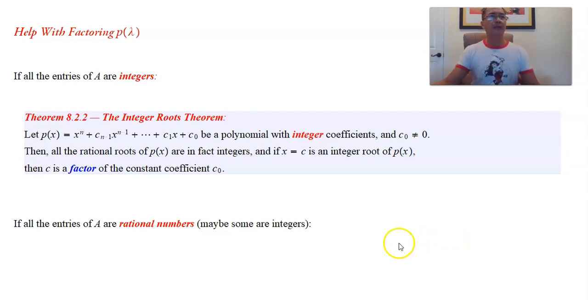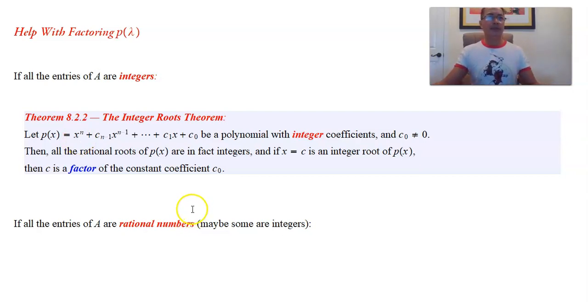So here is something you can use if all the entries of A are integers. When you get the characteristic polynomial, every entry is an integer, so when you expand it out, as we're going to see in our example, every coefficient will be an integer. And again, the highest term in that polynomial is lambda to the n.